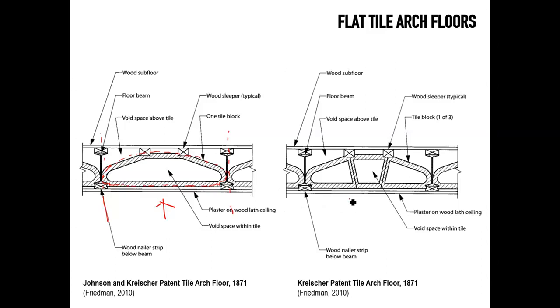Some systems that evolved later on, these ones from Kreischer, one of the two initial inventors of a system on the left, who went on his own. In this case, what he did, he broke up this arch into three elements. So you have two side elements that engage with the beams, and then a key element that is keeping the two pieces together, but it's also acting like a flat arch.